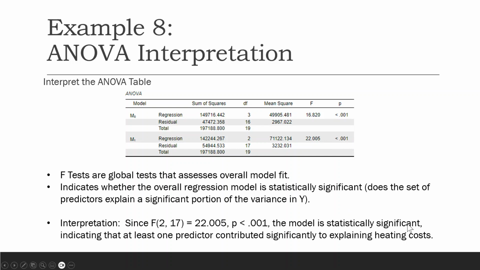It indicates that there is at least one predictor in this model that explains a significant amount of variance in the outcome variable. It's not telling me which variable, it's just telling me that I have a good model that's explaining enough variance in our outcome variable.